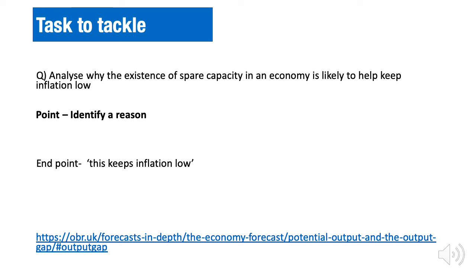I would highly recommend you use an AD-AS analysis in this, and your chain of reasoning should link to your diagram, indicating potentially the level of the output gap, but also stick to the question. We must always be coming back to why inflation is being kept low.